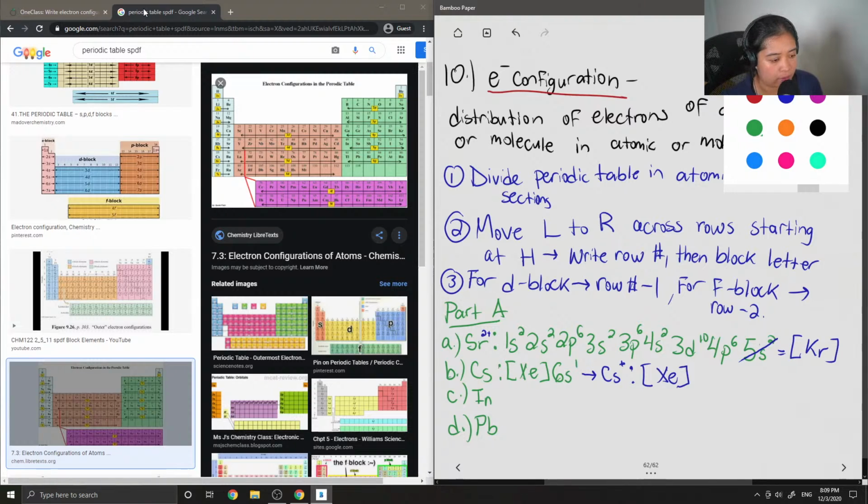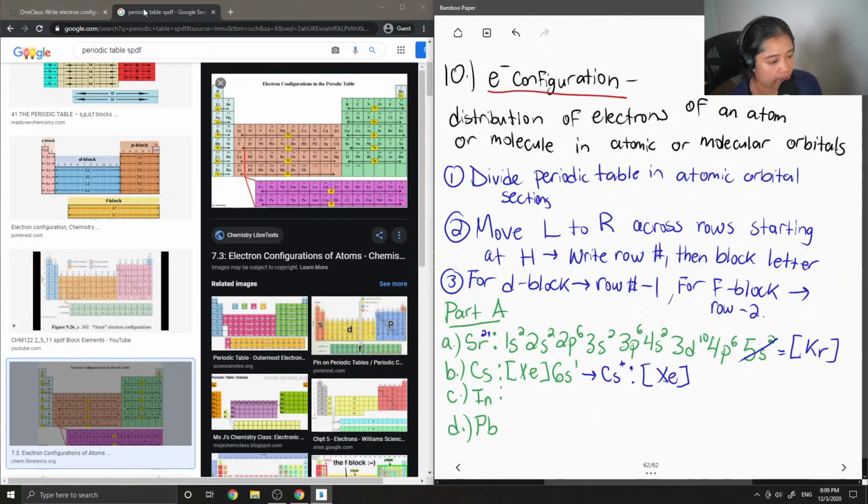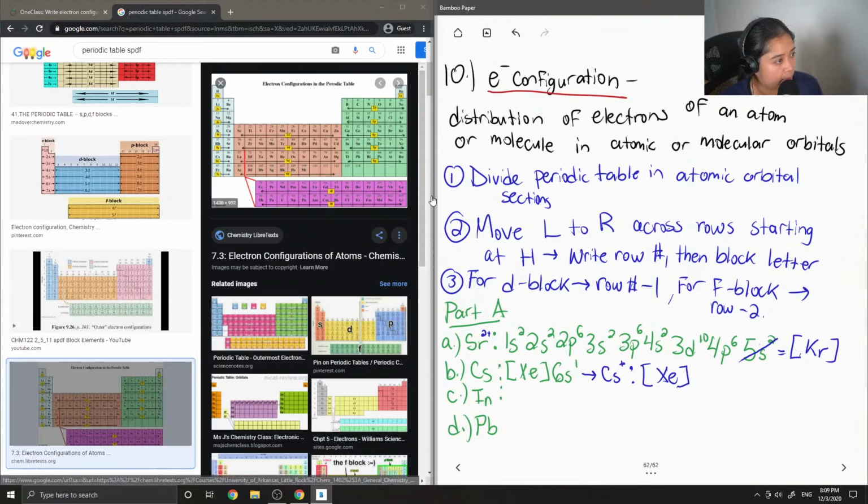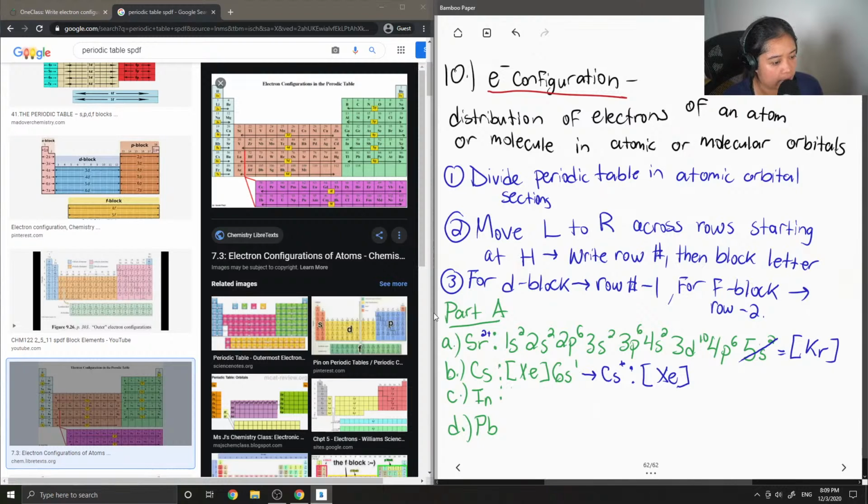Okay, so let's do the last 2. Indium is found over here, atomic number 49. Its shorthand electron configuration is krypton, 5s2, 4d10, and then 5p1.